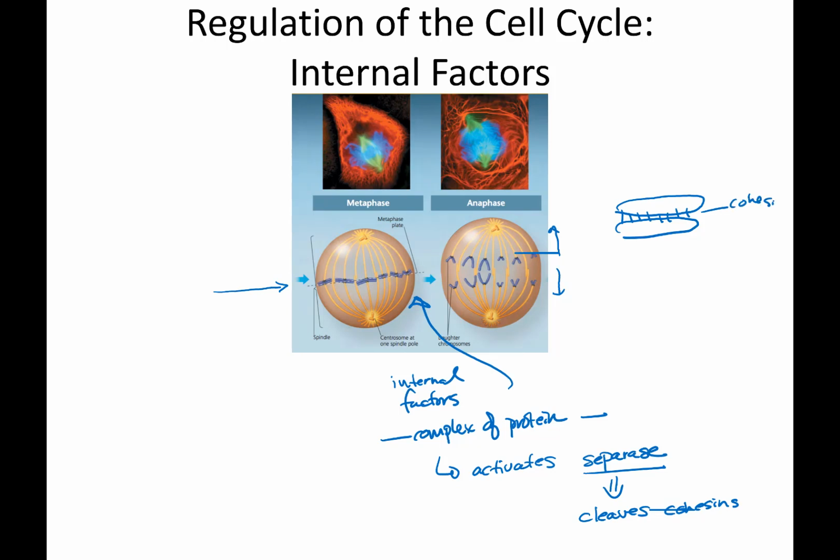So there's a special group of proteins that get turned on as a signal to say, let's proceed, which activates separase, which comes and starts cleaving, that's my scissors, cleaving cohesins, separating out the 2 sister chromatids, and now they can start going to the opposite poles. So that's one internal factor that regulates the cell cycle.